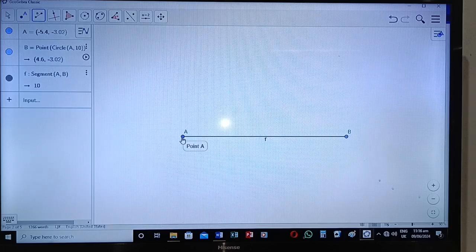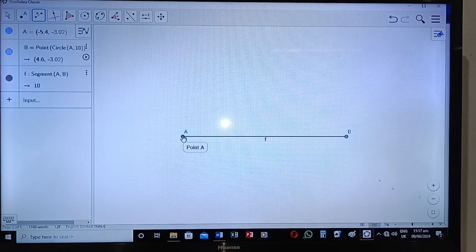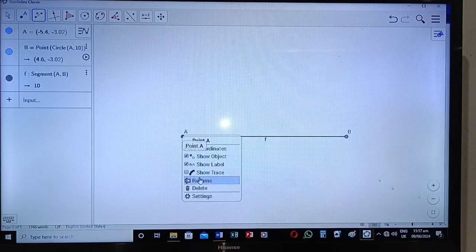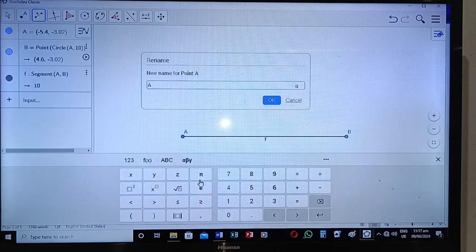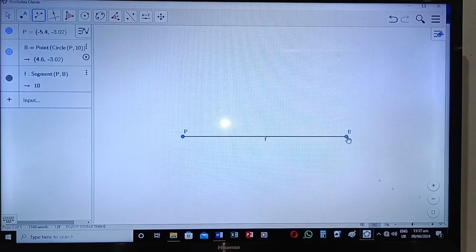Now our triangle is called PQR, so we need to change A into P. So we say rename. This one is supposed to be P, and say OK.